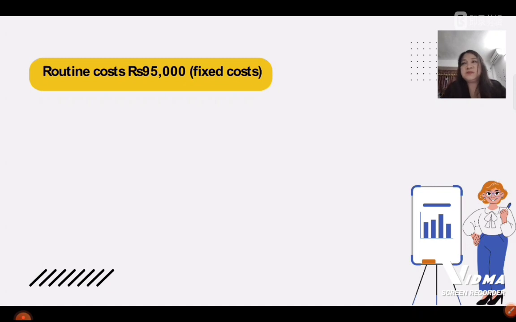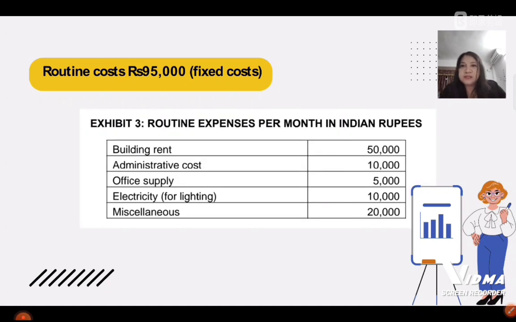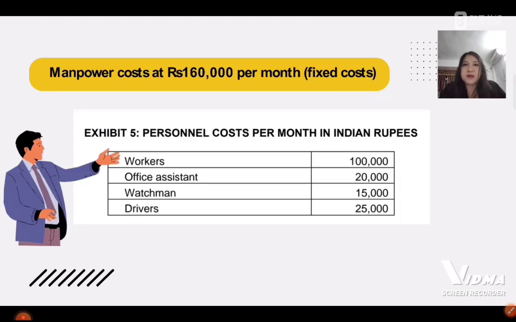Routine expenses related to rent, administrative costs, and other miscellaneous expenses would be 95,000 rupees. Salaries will be around 160,000 rupees.